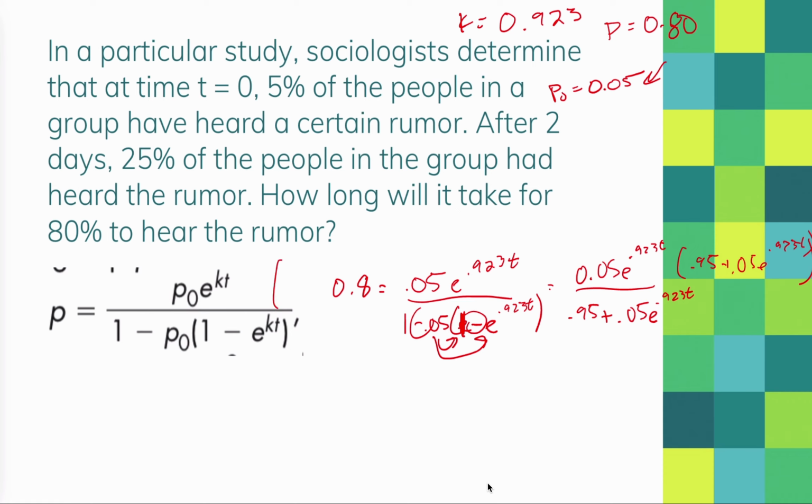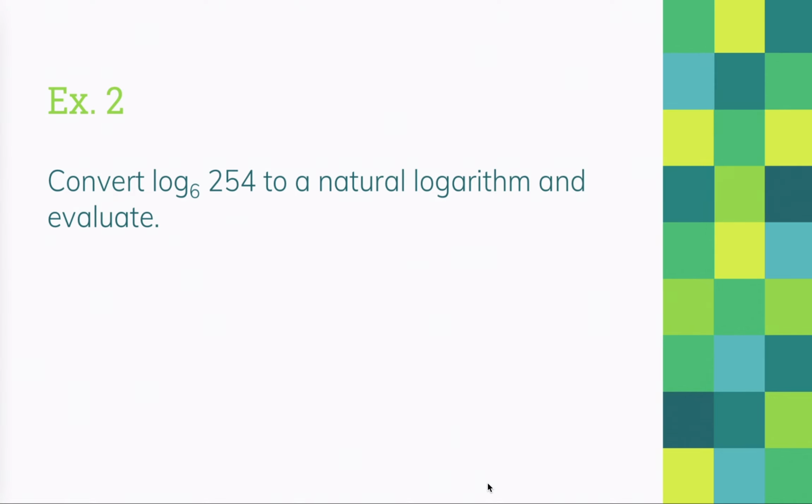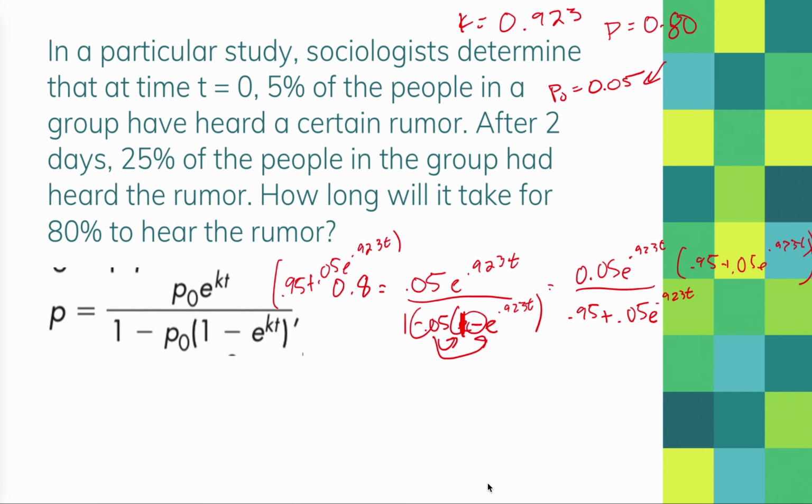And do that over here, 0.95 plus 0.05 e to the 0.923t. And so 0.95 times 0.8 is 0.76 plus 0.04 e to the 0.923t equals 0.05 e to the 0.923t.